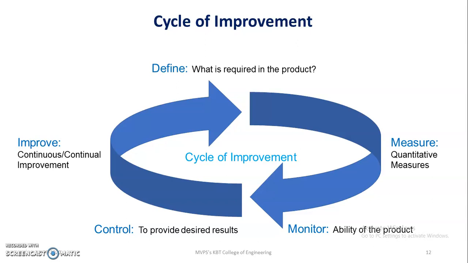The next stage of the cycle of improvement is improve. Continuous or continual improvements are necessary to maintain ongoing customer satisfaction and to overcome possible competition, customer complaints, etc. If some producer enjoys very high customer satisfaction and huge demand for his product, competitors will try to enter the market and they will try to improve their products further to beat the competition.